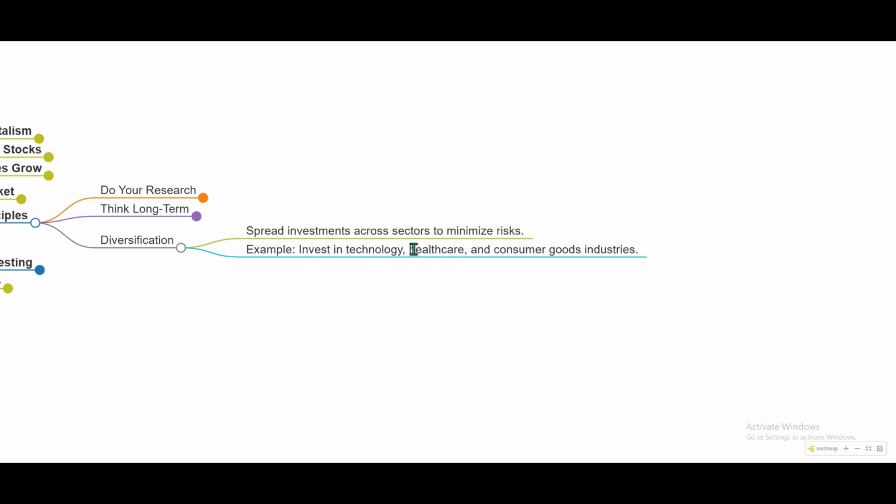In healthcare too, I think so. But in consumer goods, for example, HUL, Hindustan Unilever Limited, is a hero company that is well established in FMCG for 2 to 3 decades, so it will keep going with the flow.